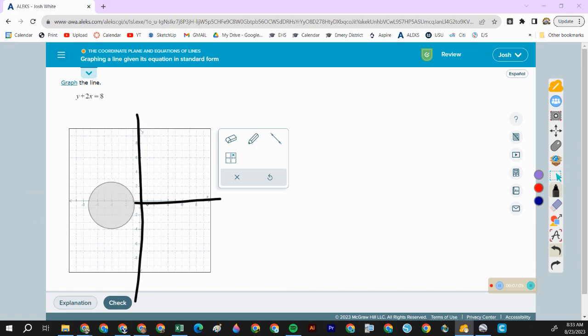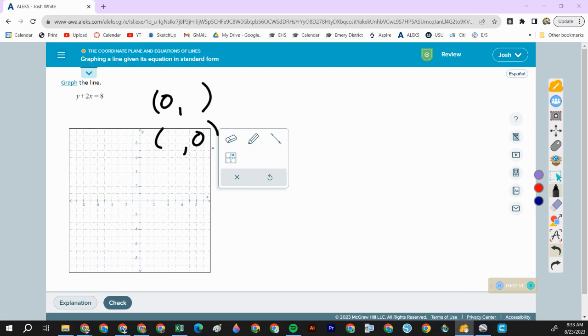So without adapting the equation, we can just graph this. We want to know, where does the graph cross the x-axis? Well, we just plug in 0 for y. So if I want to find this, then I plug 0 in for y, which kills it. And then I solve for x.